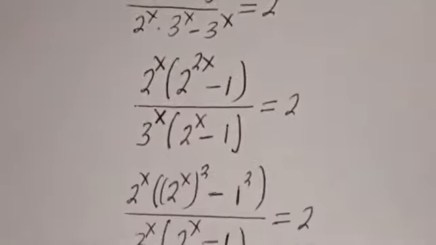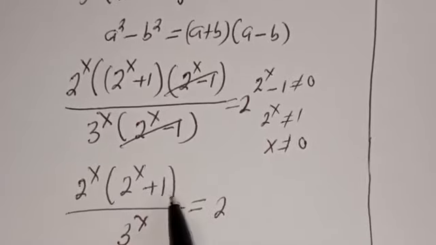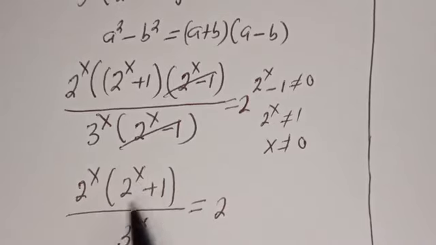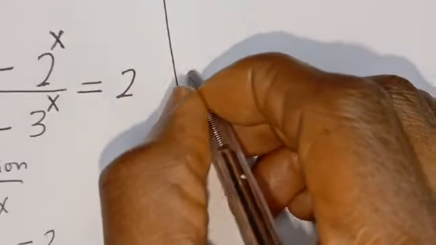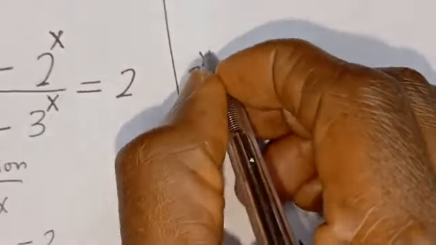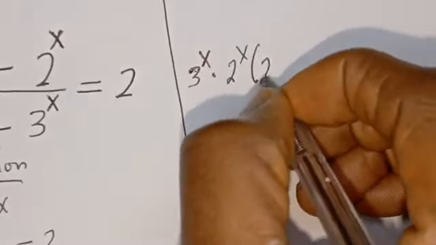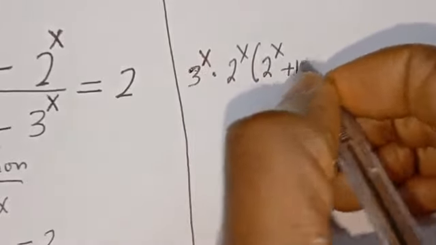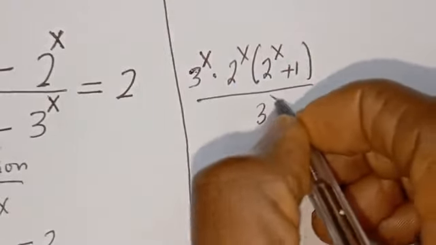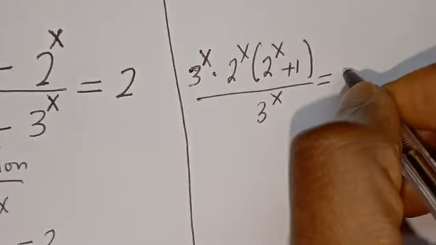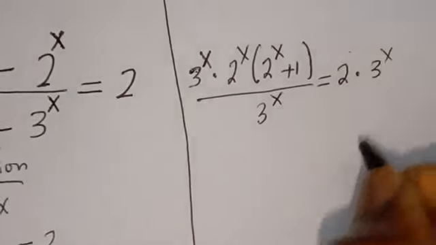Now from here, let's multiply both sides of this equation by 3 to the power of x. We have 3 to the power of x multiplied by 2 to the power of x bracket 2 to the power of x plus 1, divided by 3 to the power of x, is equal to 2 multiplied by 3 to the power of x.